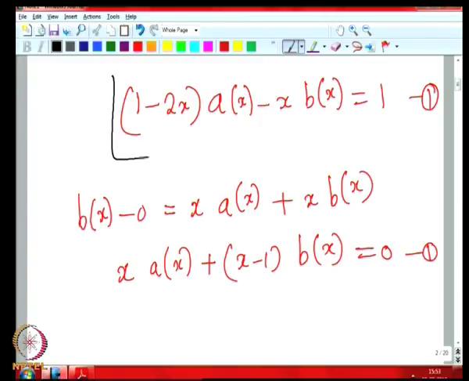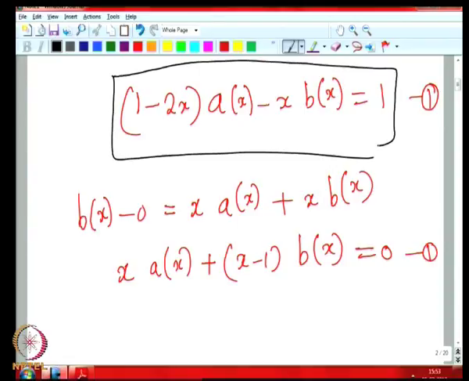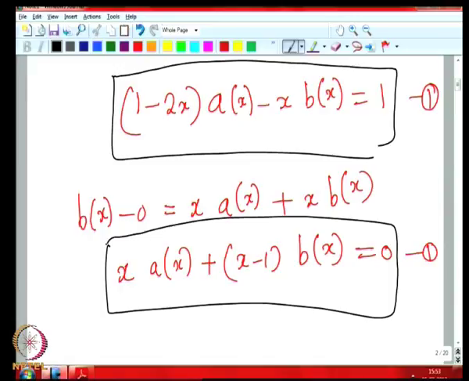So, this and this together we have to solve. We have to get an expression for A of x and an expression for B of x. For example, first you can try to get rid of B of x: multiply this by x minus 1, this by x, and then add them together, then B of x will disappear and we can solve for A of x.